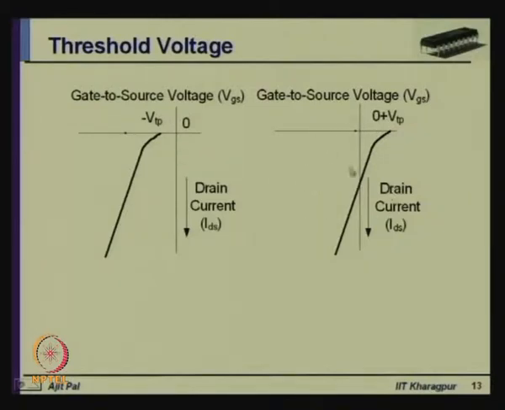Similarly, this curve corresponds to the PMOS depletion type transistor, and here as you can see, you have to apply a positive voltage to stop the flow of current, and as you make it smaller and smaller, and when it becomes 0, this side is the gate to source voltage.